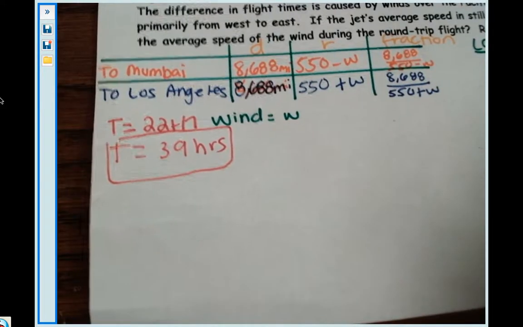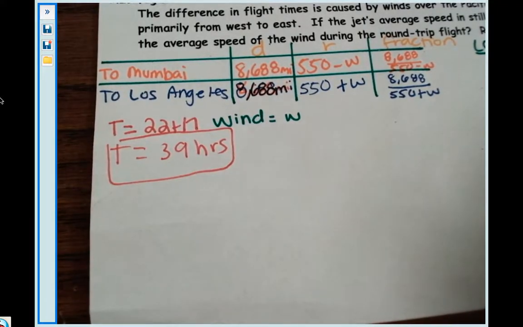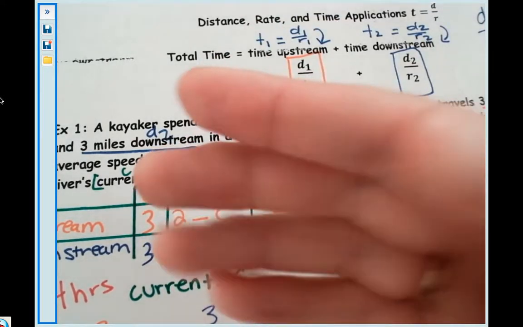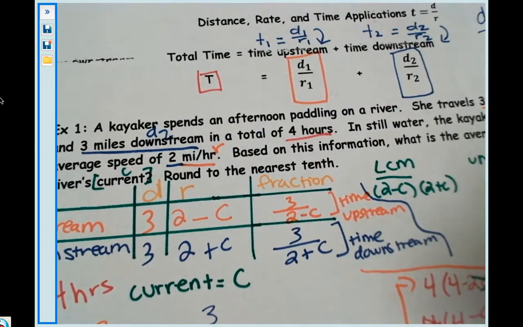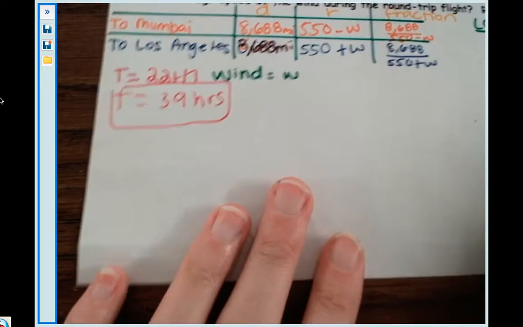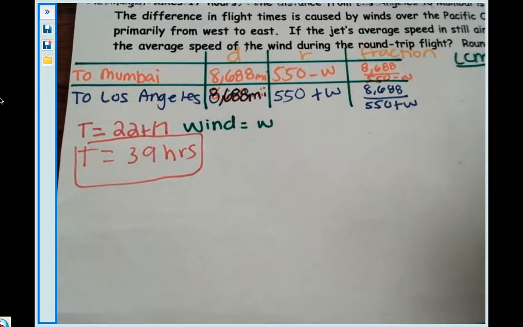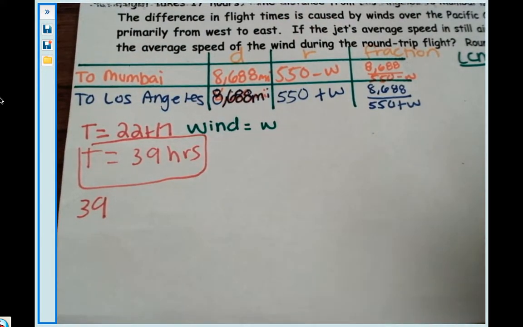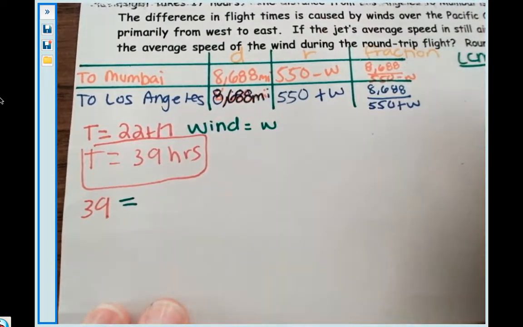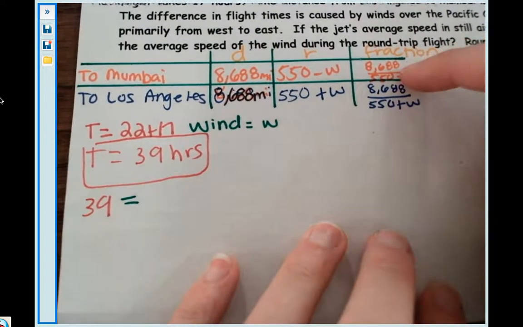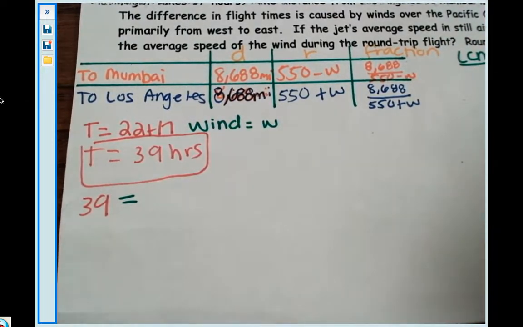Okay, so now that we have this information filled out, let's go ahead and set up our nifty formula, which is our total time equals the time it takes to go against the wind plus the time it takes to go with the wind, instead of downstream and upstream. Okay, so let's set this up. So we're going to have our 39 equals, and it honestly doesn't matter which one you put first, but when we go against the wind, it's to Mumbai, so I'm going to write that one first.